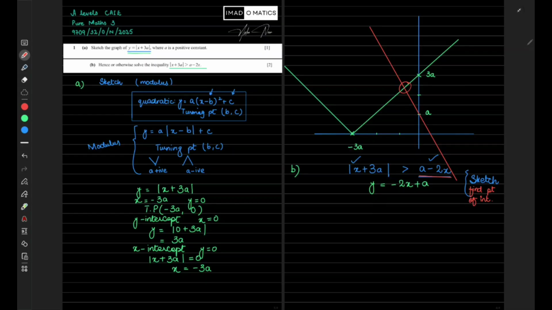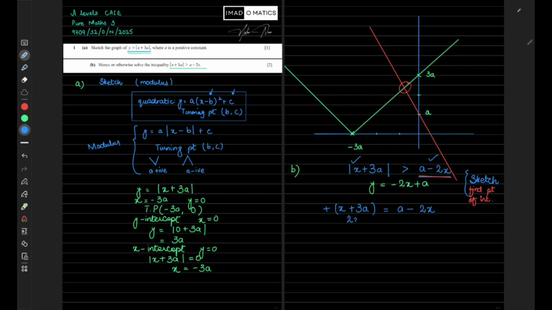How can we find the point of intersection? This line is intersecting with the positive side of the modulus. This is the positive side of your modulus, so you have to equate it with that. That means x plus 3a equals a minus 2x.